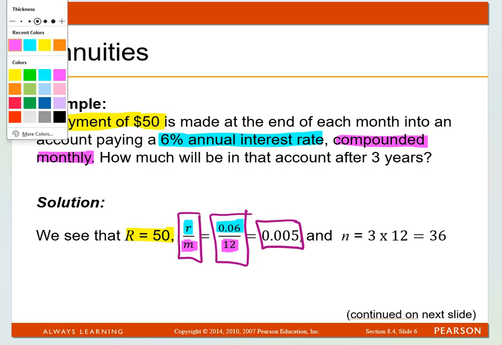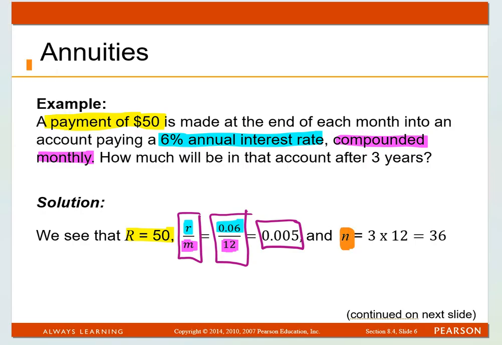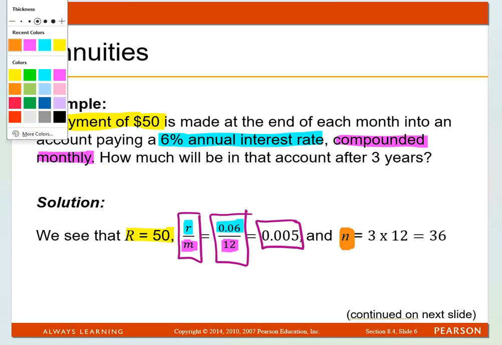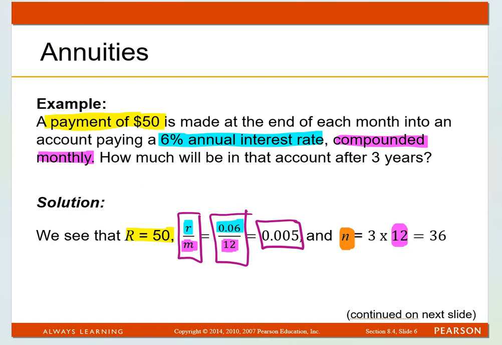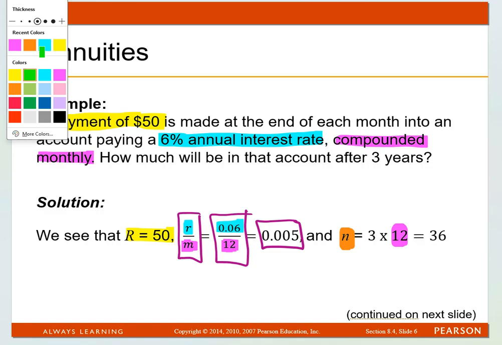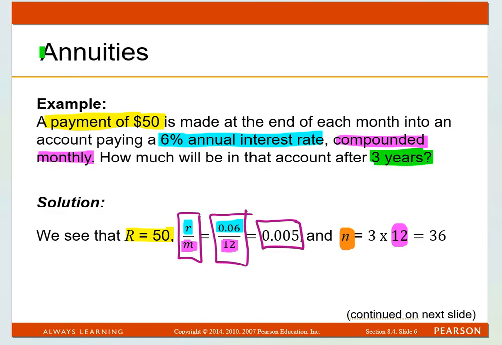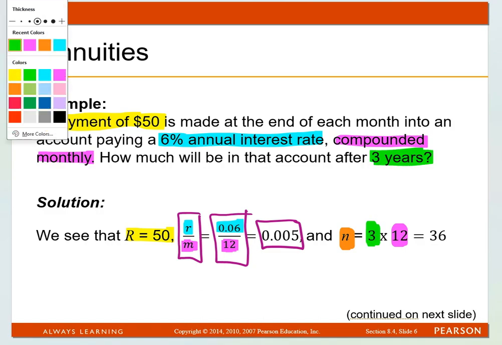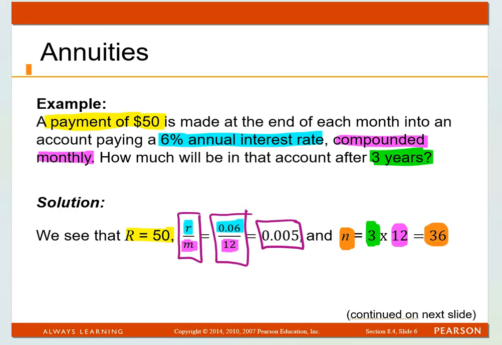And then you also need n, and remember n is the number of times it's compounded times the number of years, and it is compounded 12 times a year for 3 years is right here. And 3 times 12 is 36.